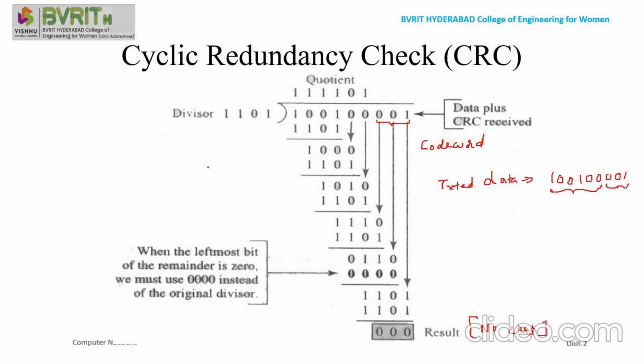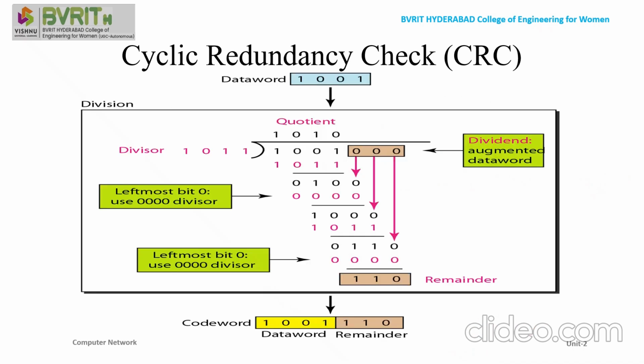And if the remainder is a non-zero value, that indicates that there is an error. Mainly the advantage of CRC is that single bit errors, multiple bit errors and burst errors can be detected. It is very powerful and widely used.